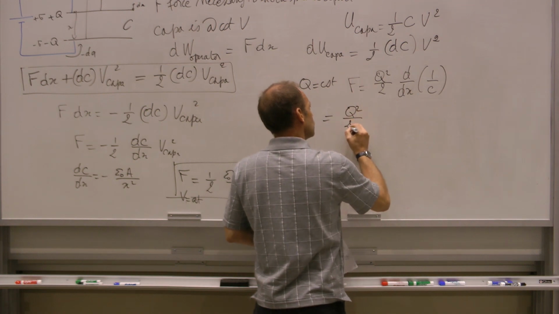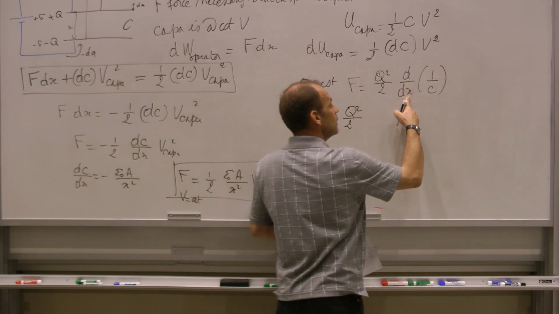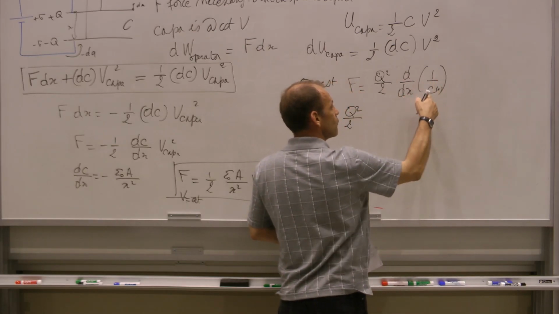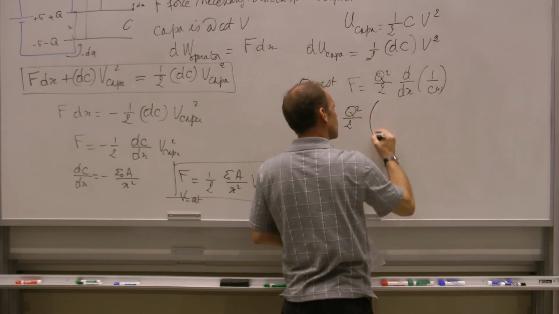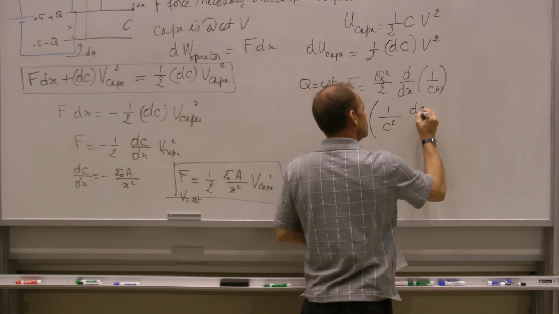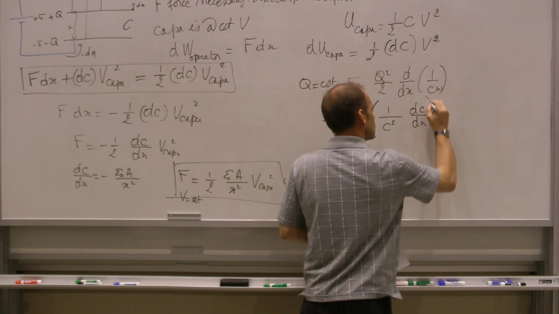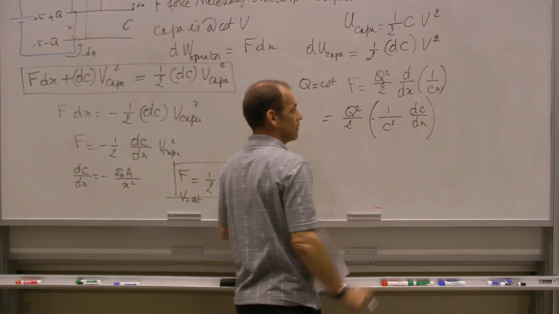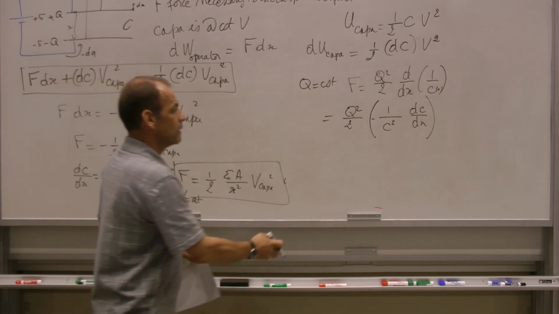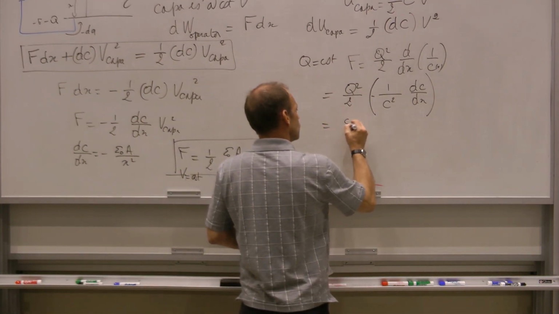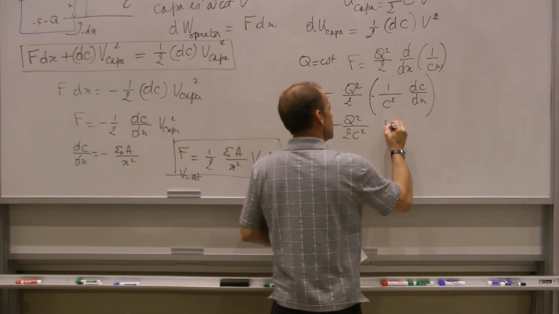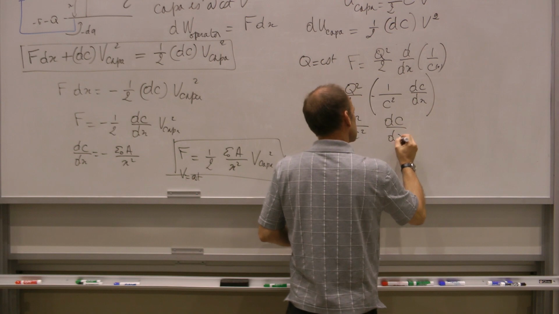The capacitance is a function of x. So d over dx of 1 over the capacitance, I can also transform as negative 1 over C squared dC over dx, with a negative sign because that's a fraction. So this is the same thing as negative Q squared over 2C squared dC over dx.